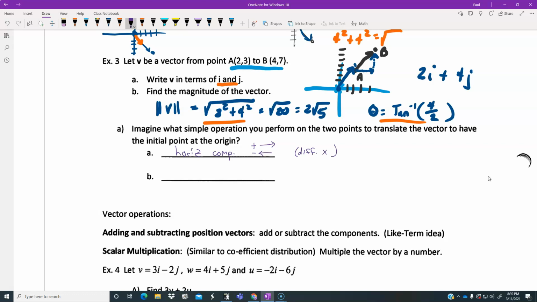If I wanted to do the other part, I'd do the vertical component, positive being up, and negative being down. Again, this would be the difference of the y's. It's really about looking at those other two components to figure out what's going on.